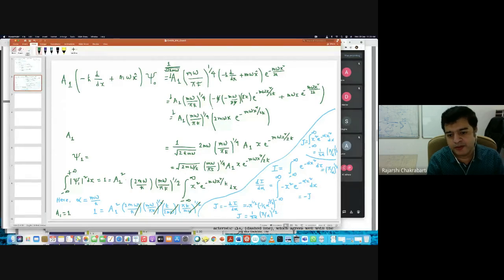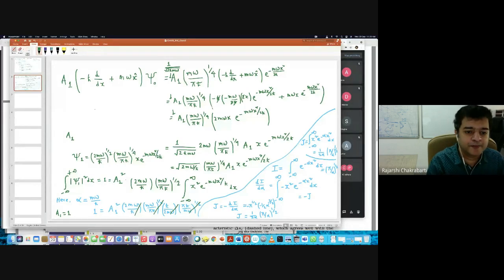You can just multiply this thing. And you can go back and check any book, you'll see that this is the expression for the first excited state, or n equal to 1 level, of the simple harmonic oscillator.